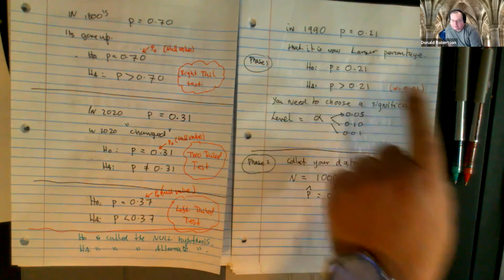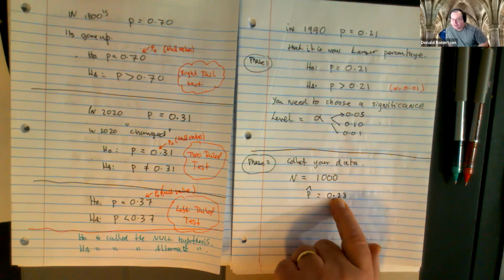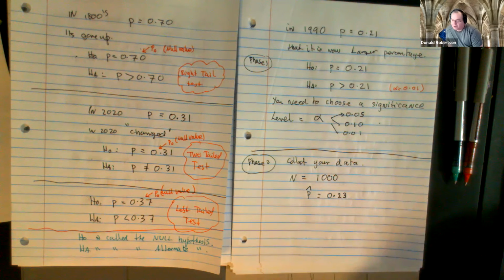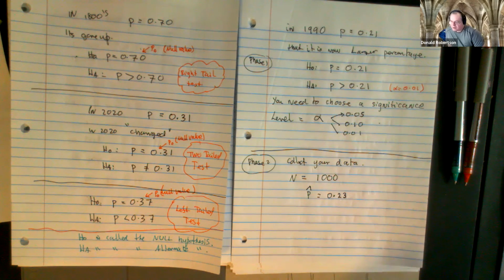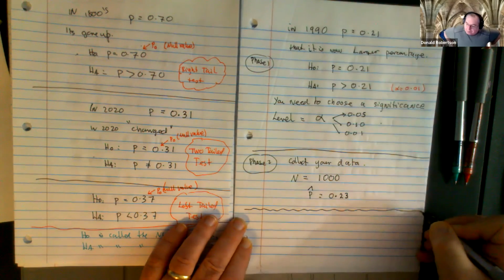I've proved it. No, not so quick. We know that when you take samples, there's always variation. 23% is bigger than 21, but couldn't that just happen by randomness? I could take another sample of 1,000 and it was 20% overweight, right? Could take another one and it's 24, take another one and it's 19, right? Samples vary. And so we have to do more work than just get this number and stop. But we have collected the data. So there's phase two, done its job.